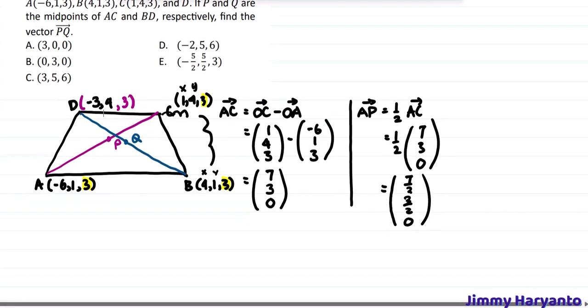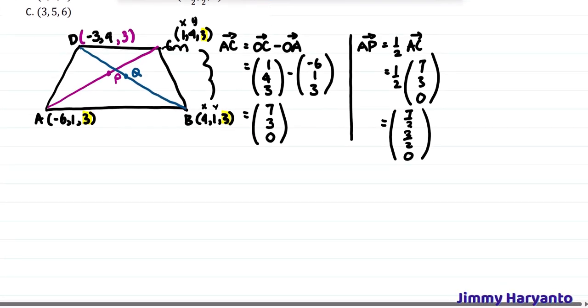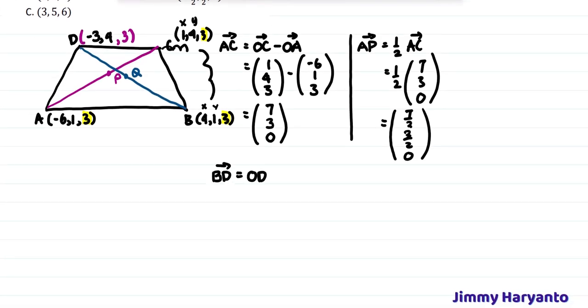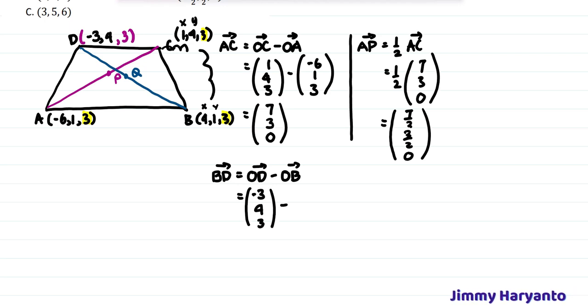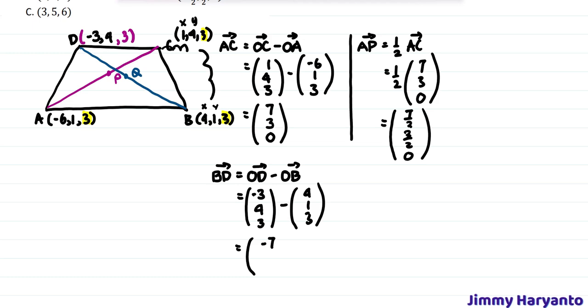Okay, and then after that I can find the vector of BD. BD equals OD minus OB. OD is (-3, 4, 3) minus OB, which is (4, 1, 3). That means you will have (-7, 3, 0) as the result.